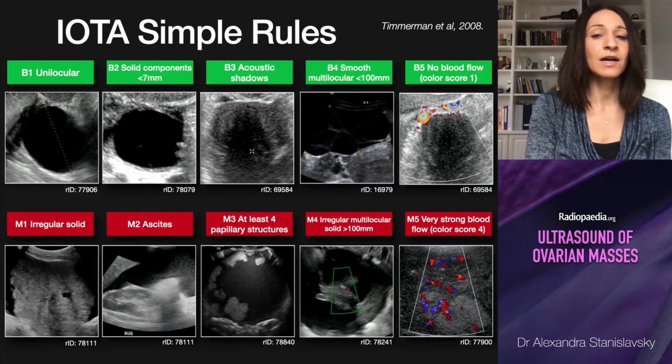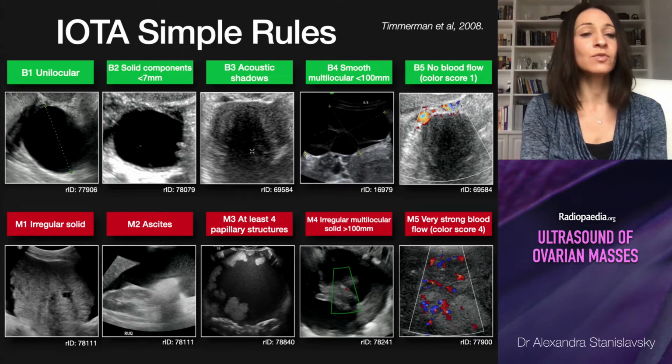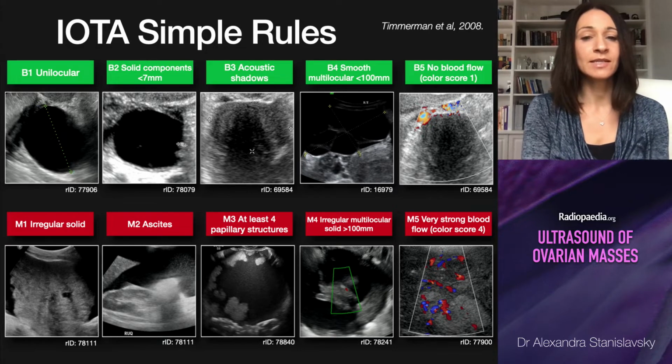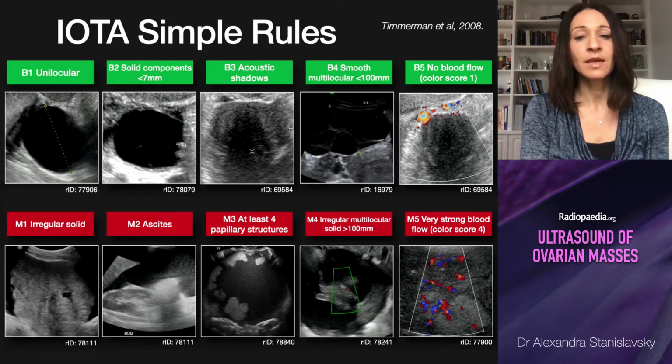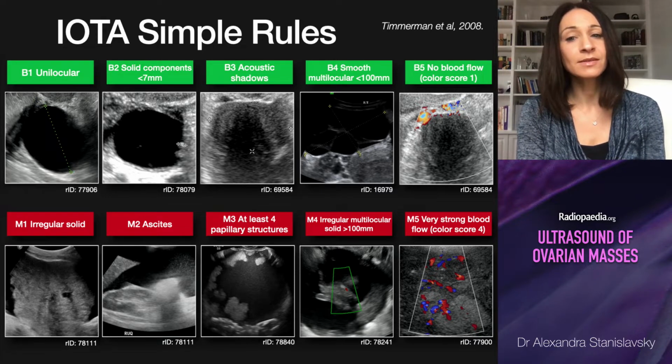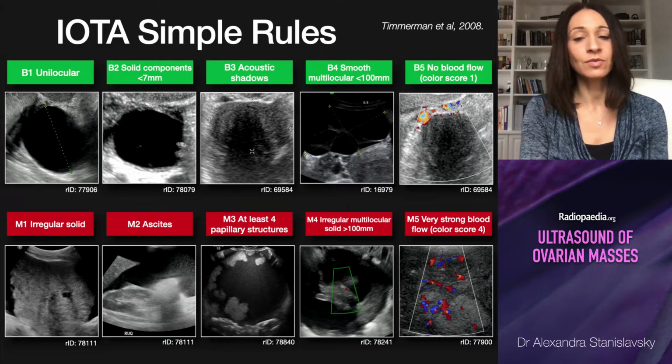Whereas the 5 M features, or malignant features, are an irregular solid tumour, presence of ascites, presence of at least 4 papillary structures, an irregular multilocular solid tumour if it is more than 10 centimetres, and very strong blood flow or colour score 4.